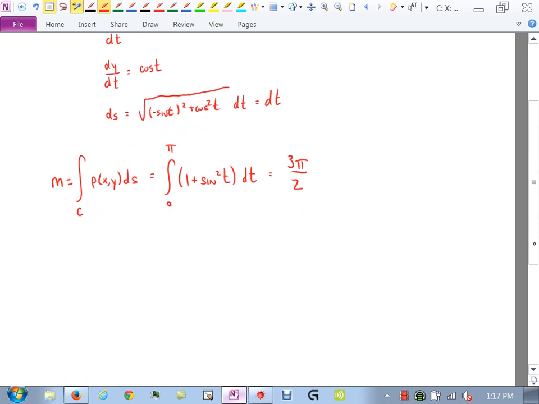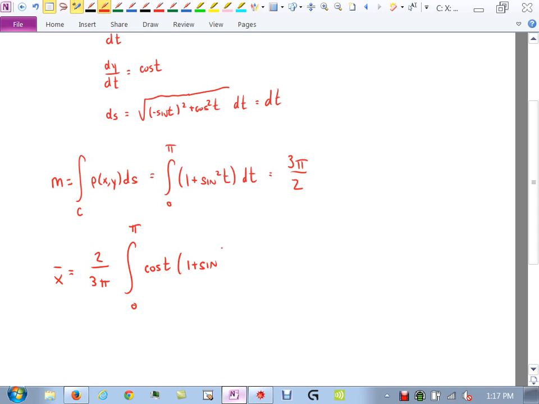Now let's find x bar. X bar would be equal to 1 over the mass, which is 2 over 3 pi, the reciprocal, times the integral, same thing, 0 to pi. But instead of being just rho, it's x rho. X is cosine t, then our 1 plus sine t.